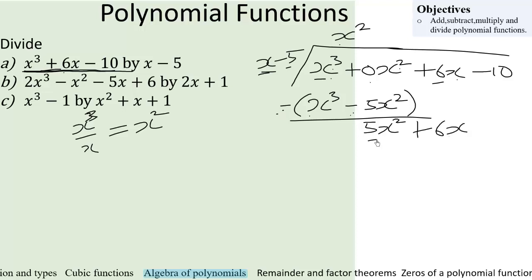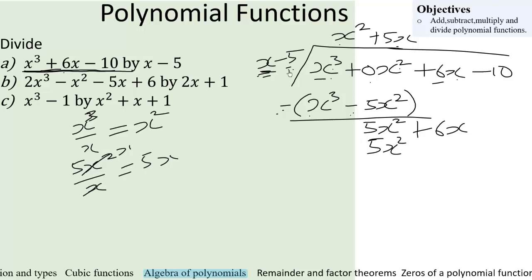So now you drop the plus 6x here. So you divide this by this again. So 5x squared divided by x will give us 5x. So that will give us plus 5x here. Then the next thing is to multiply the 5x by each of the terms here. So 5x by x will give you 5x squared.